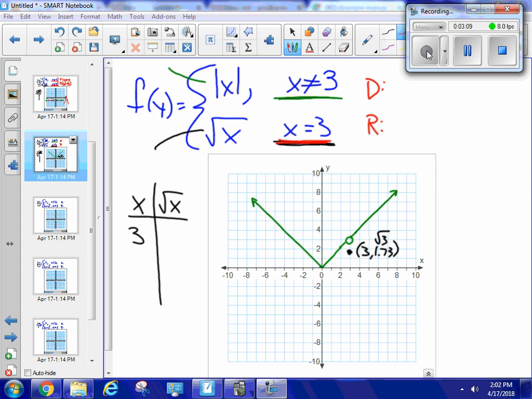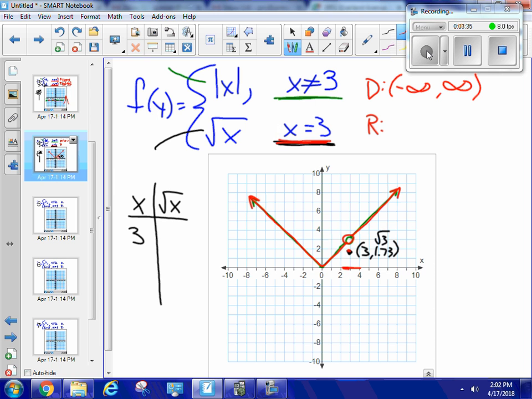My domain for this problem is negative infinity to positive infinity. All real numbers are going to be included because the absolute value function is going to go out here, all the x values to negative infinity, and out here, all the x values to positive infinity. It skipped this little spot there, but on the x scale right here, I filled it in with that dot.